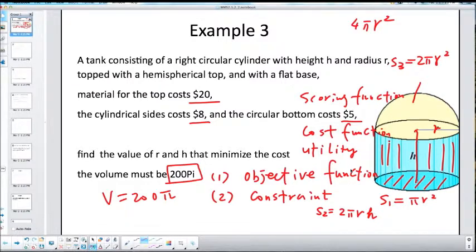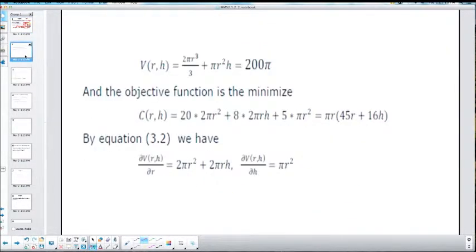So you have your objective function as a cost function. You try to minimize it. The cost function is $20 times the surface of the hemisphere, $8 times the surface area of the sides, and $5 times the area of the bottom. Reduce a little bit, take out the pi r. This is what you have as your objective.